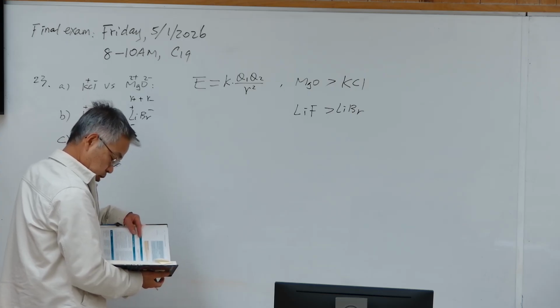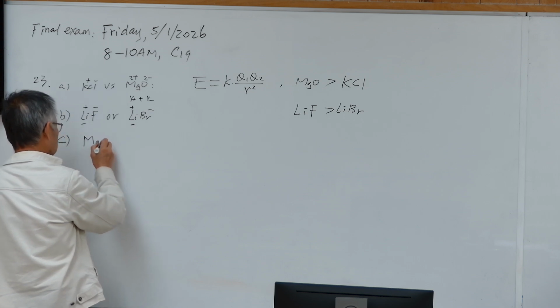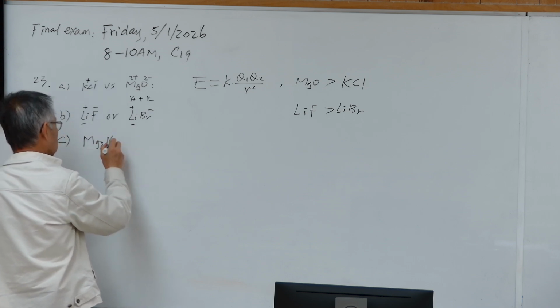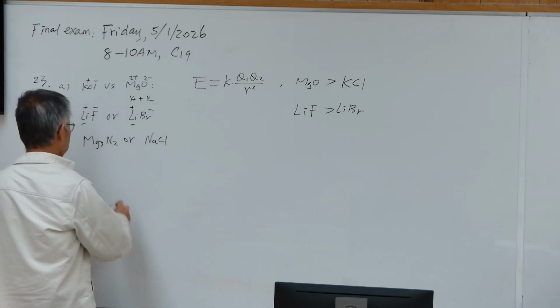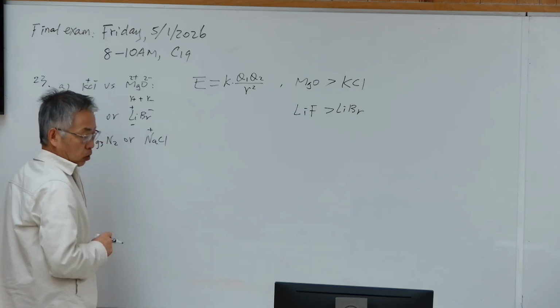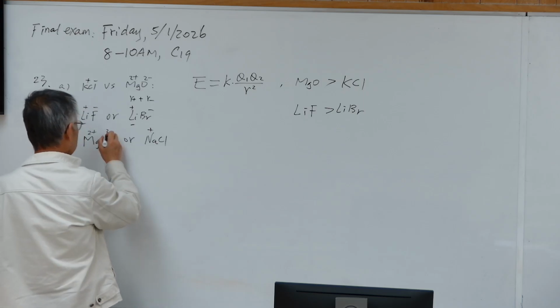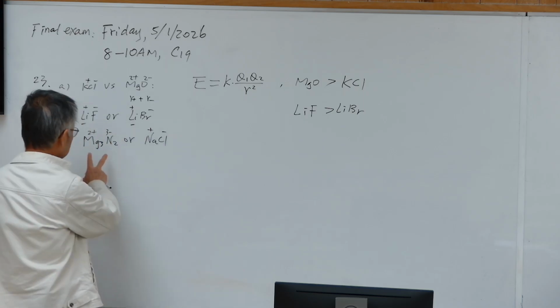Magnesium nitride or sodium chloride. Compare the charge: magnesium +2, sodium only +1, nitride -3, chloride -1. So clearly the charge of this one is greater.